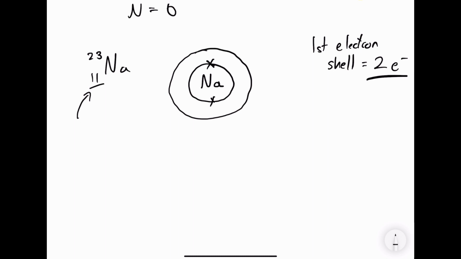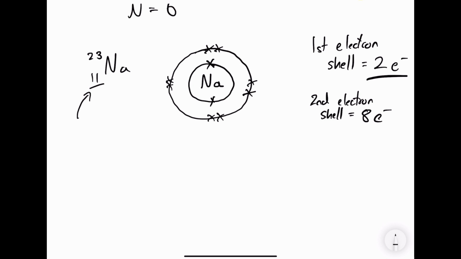So now let's add another electron shell. So this is our second electron shell. The second electron shell can hold a maximum of 8 electrons. So let's add those now. I like to add them at opposite ends of the electron shell. There's our 8. So now in total we have 10.